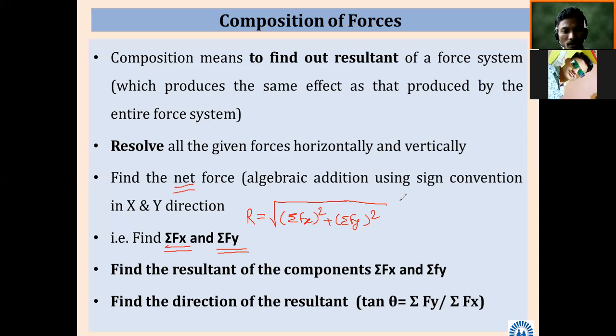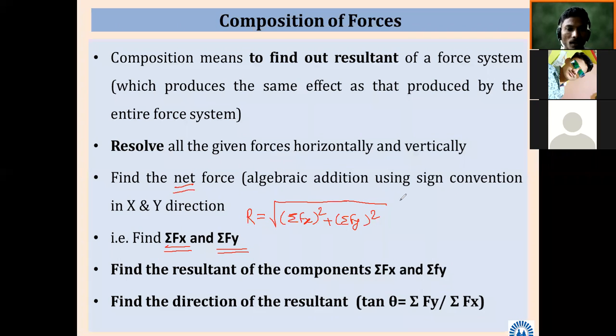Whatever addition we are going to do, we have to remember this. This is the resultant formula R. The unit will be Newton again. Whether the force is given in kilonewton or Newton, depending upon that, the unit of the resultant force will be Newton or kilonewton.